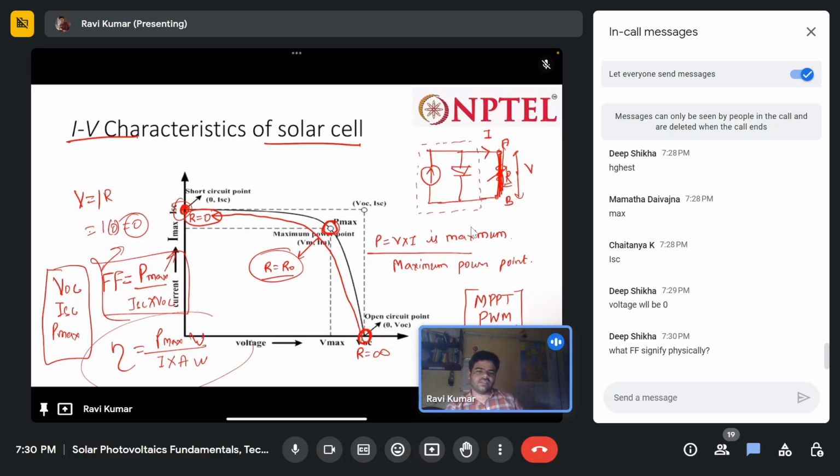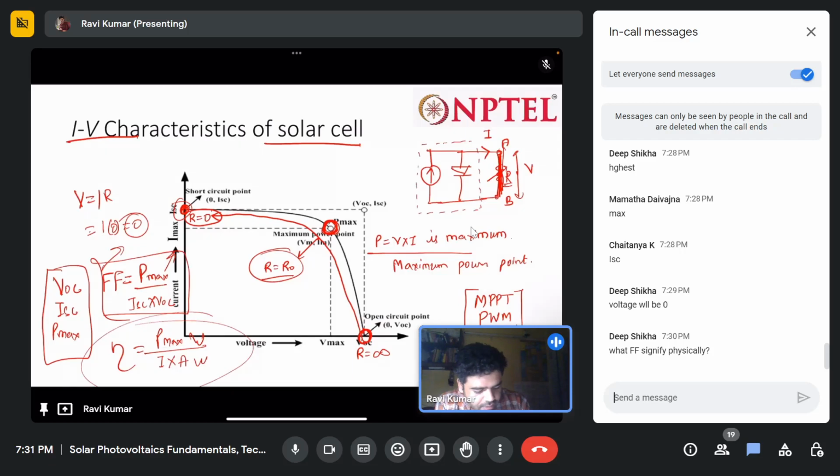What does FF signify? FF is telling about this power point, the condition of a solar cell, if it is degraded or having any kind of fault. See, there are two conditions.